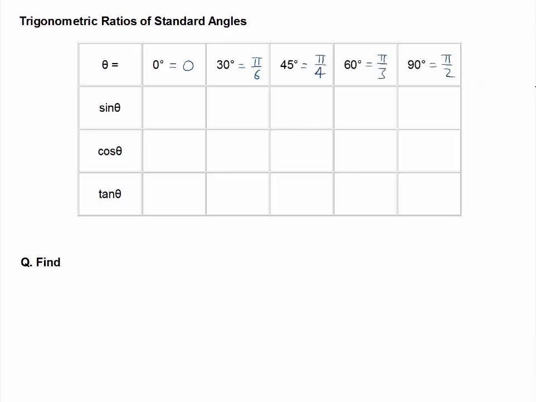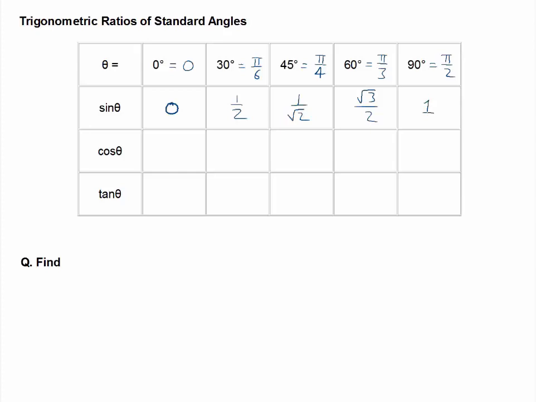Now values of different trigonometric ratio of these standard angles. So sine 0 is 0, sine 30 degree is half, sine 45 is 1 by root 2, sine 60 degree is root 3 by 2, sine 90 degree is 1.